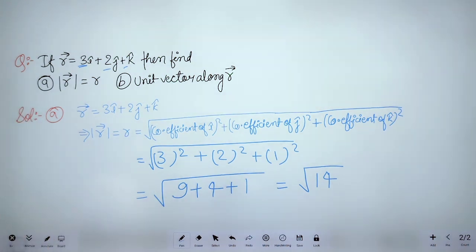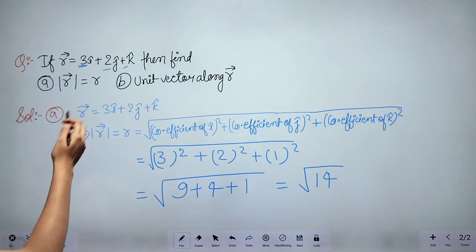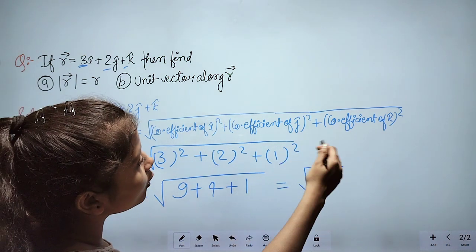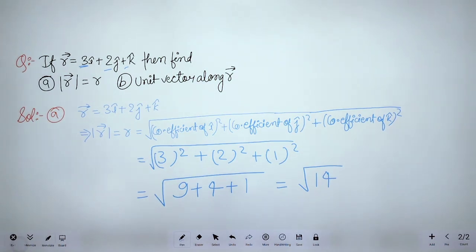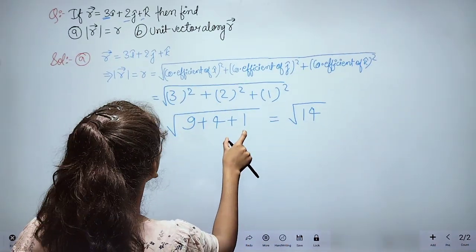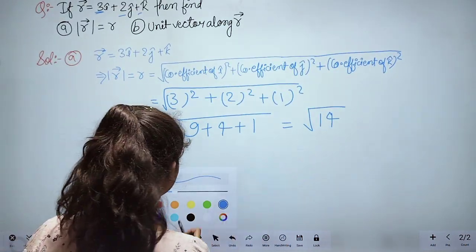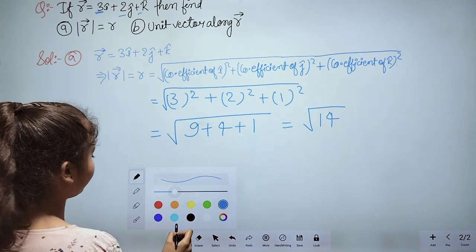I hope you understand this question. We have to find the magnitude of r vector, so first of all root under the squares of the coefficients of i cap, j cap and k cap. And this one is the magnitude of r vector.